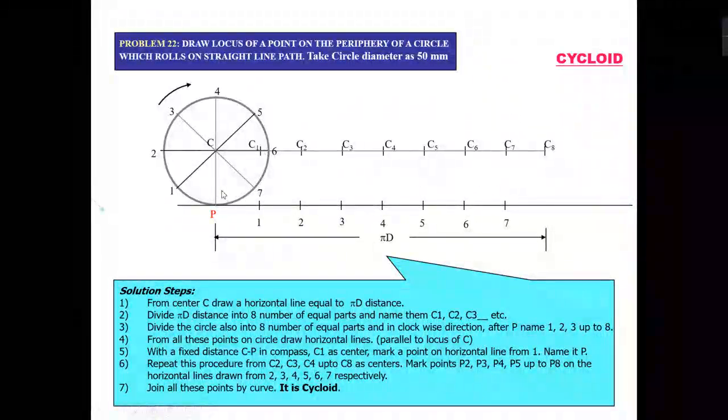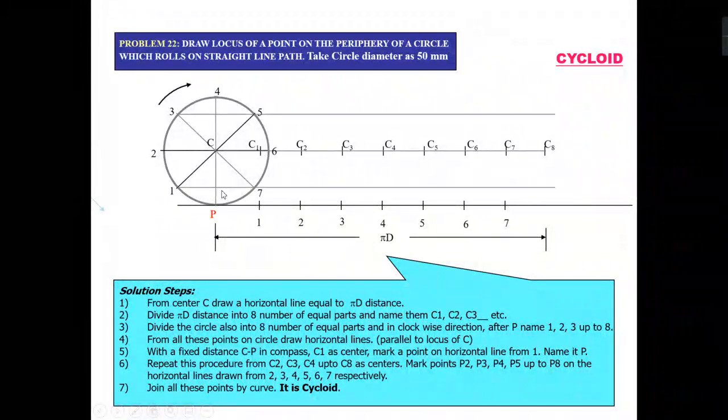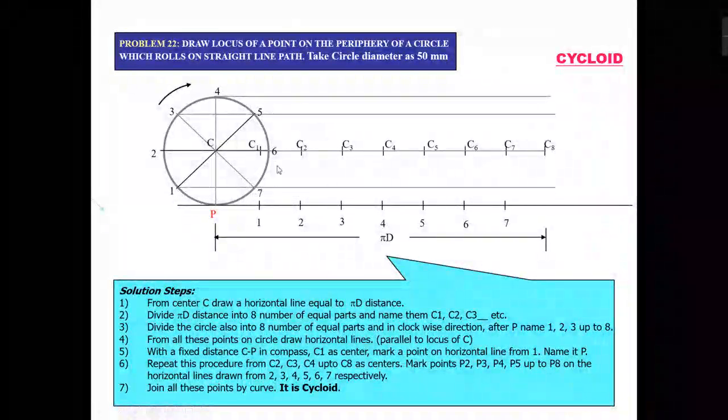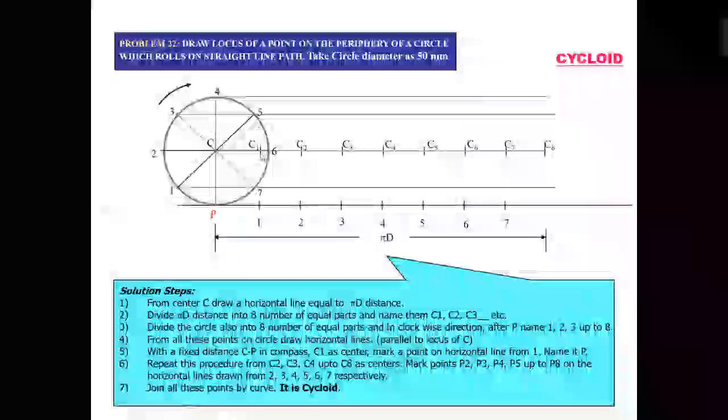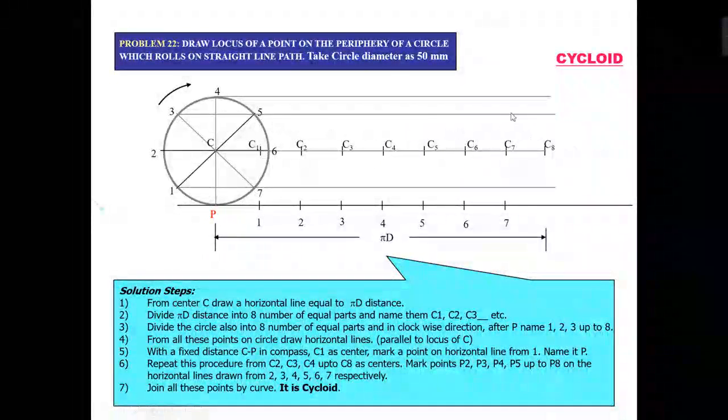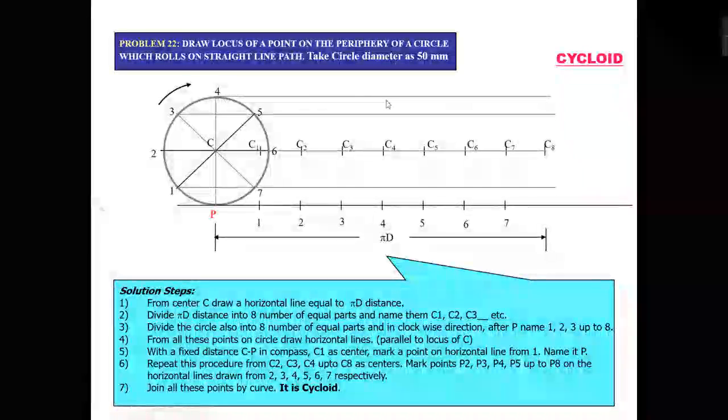When I draw the horizontal lines, you can see point 1 and point 7 are passing through the same horizontal line. Points 2 and 6, and points 3 and 5 pass through the same horizontal lines, and this is from point 4.